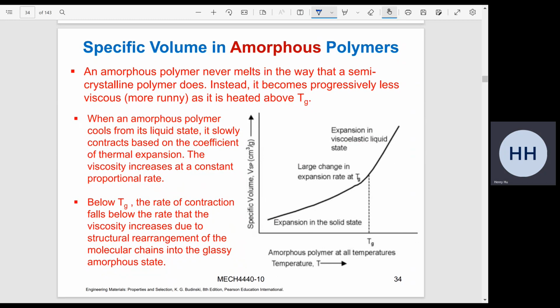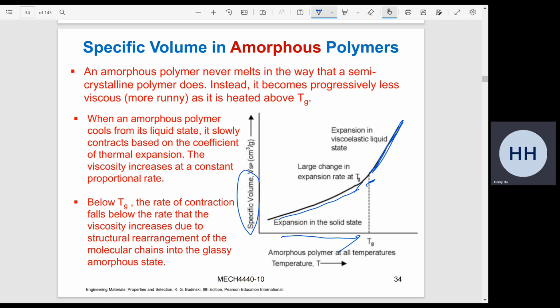And for the specific volume change with temperature, amorphous polymer also behaves quite differently from the crystalline polymer. If you keep increasing the temperature, the volume will expand, and past the glass transition temperature you won't have a very sharp increase in volume, but you will still have a gradual increase of the volume.